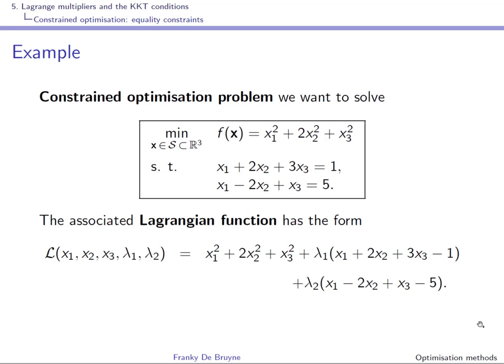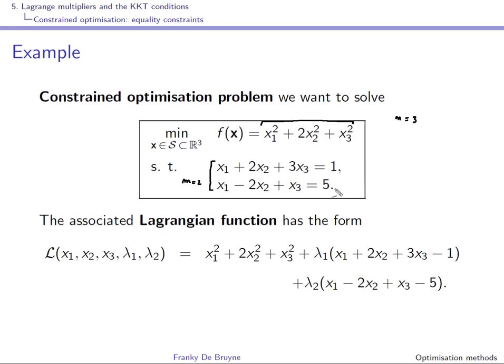Let us have a look at an example of a constraint optimization problem. This is the objective function. We have three variables, so n is equal to 3, and we have two equality constraints, so m is equal to 2. We'll have two Lagrange multipliers.